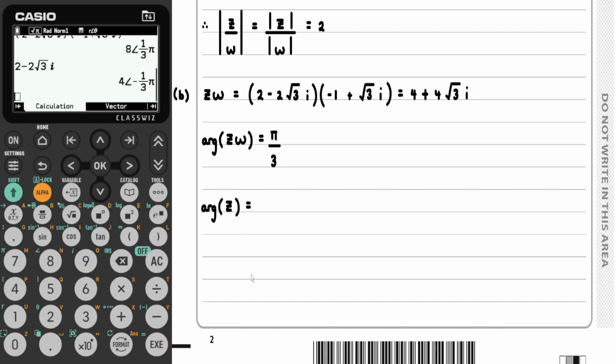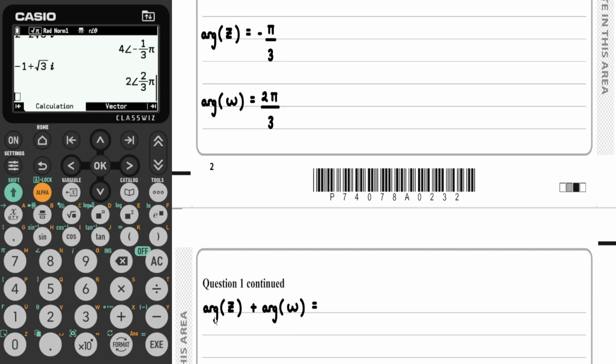So the argument of z is negative pi over 3. Let us now work out the argument of w. We have negative 1 plus root 3i, that is 2e to the 2 pi i over 3. So the argument of w is 2 pi over 3.